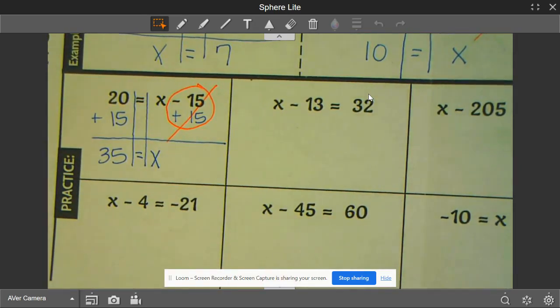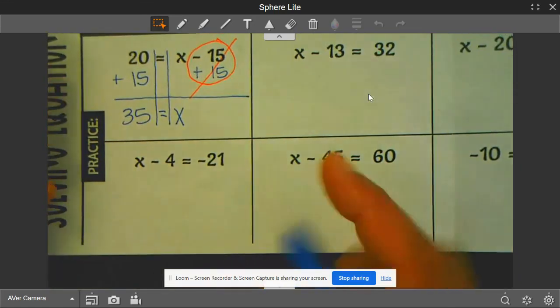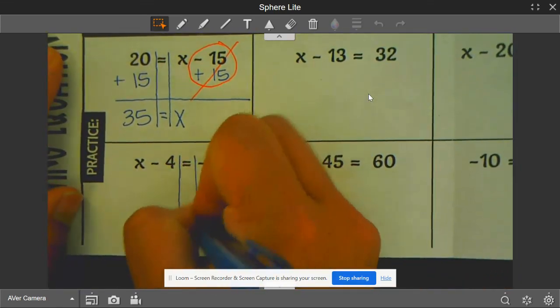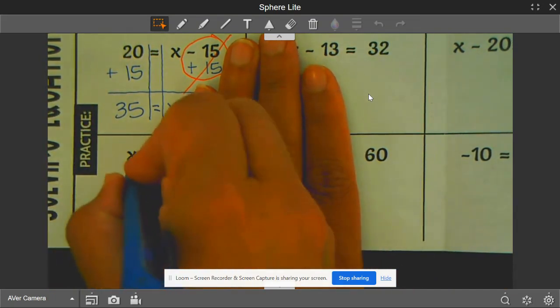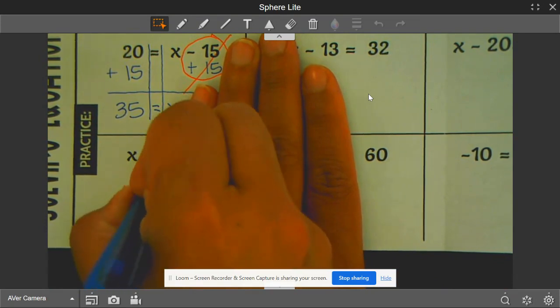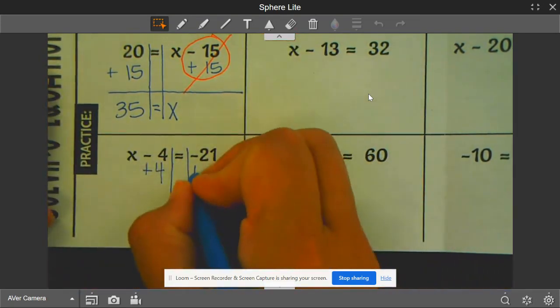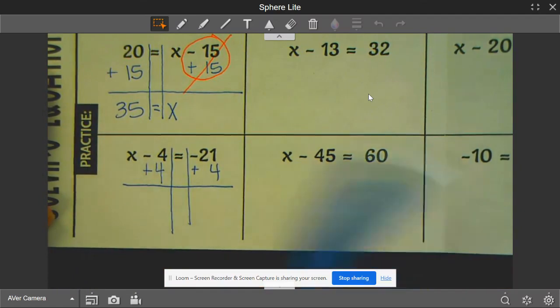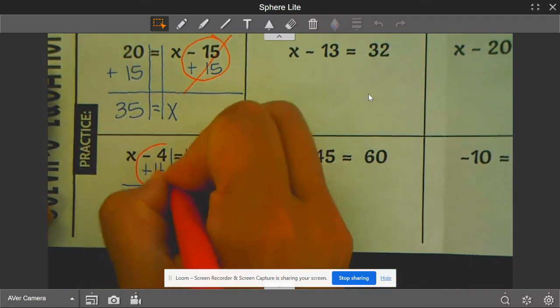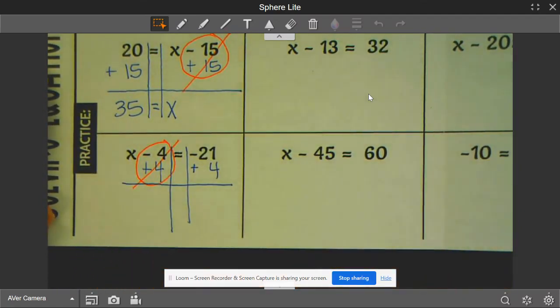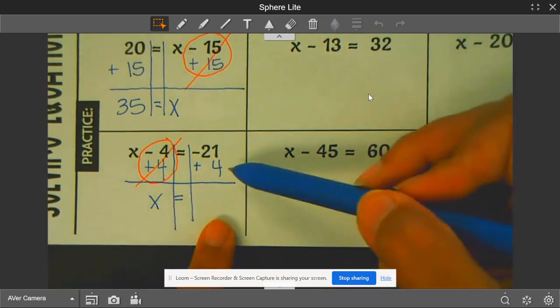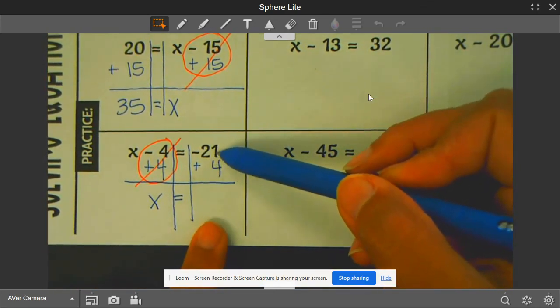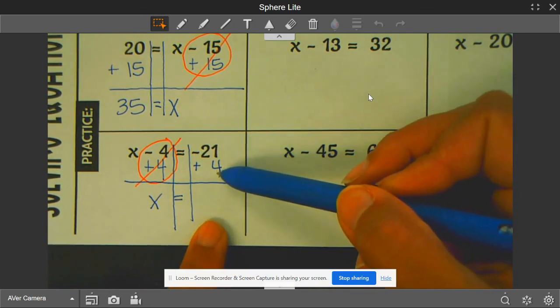Let's do one that's negative. Let's do like this one below. So the x is on the left side. So the inverse of subtracting 4 is adding 4. So I'm going to add 4 to both sides. My 0 pairs. So my x got isolated. All right. Pay attention very carefully here because I have negatives and I have positives.